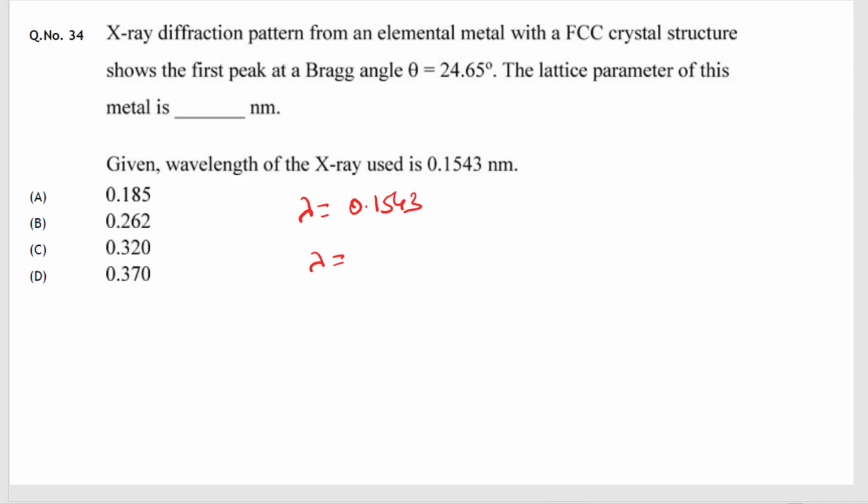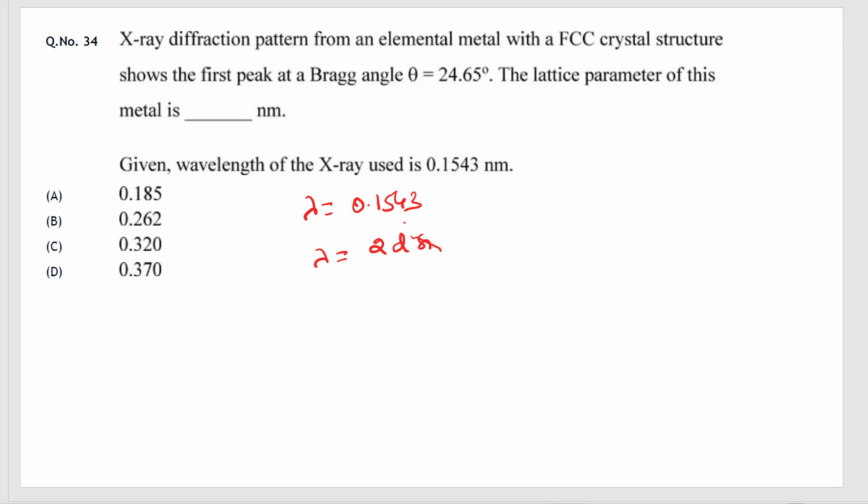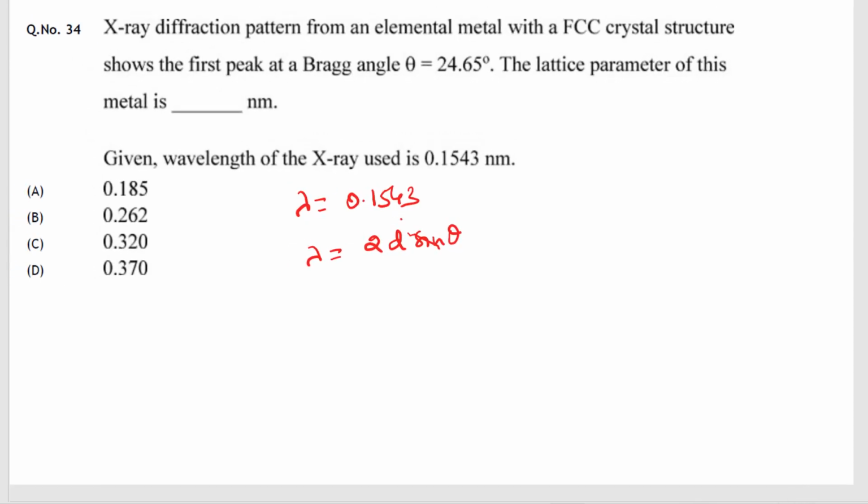We know lambda is equal to 2d sin theta, right? Lambda is equal to 2d sin theta. Okay, so lambda is equal to 2, d is nothing but a divided upon root of h square plus k square plus l square, into sin theta.